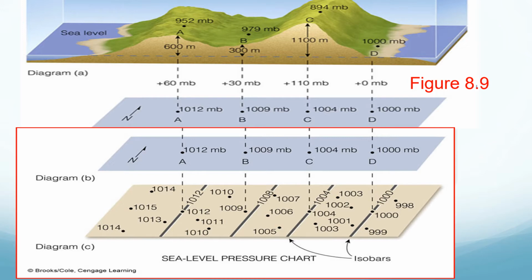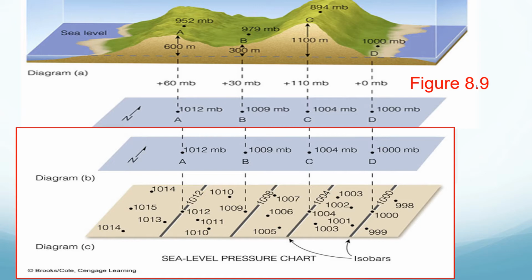Near the surface, atmospheric pressure decreases on average by 10 millibars for every 100 meters of increase in elevation. So about 1 inch of mercury for each 1000 feet of rise.